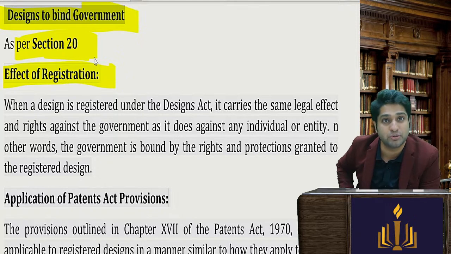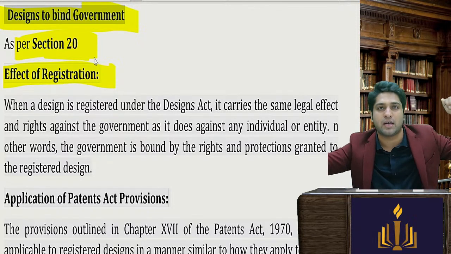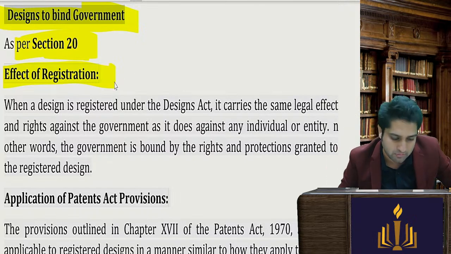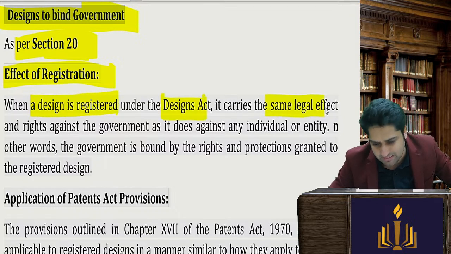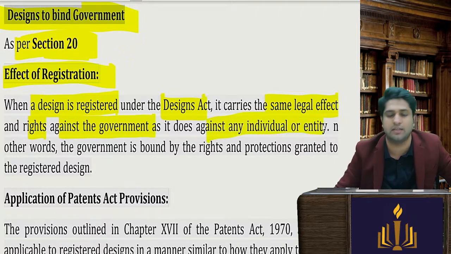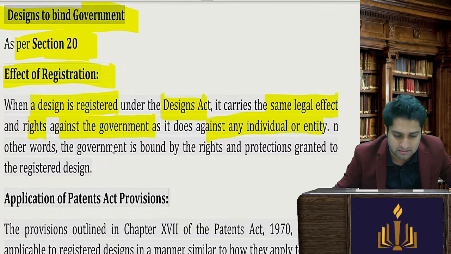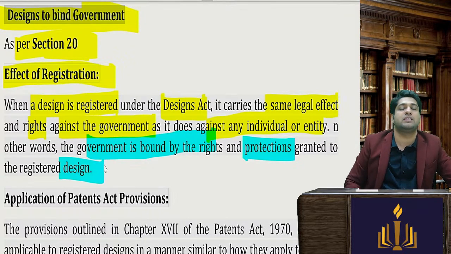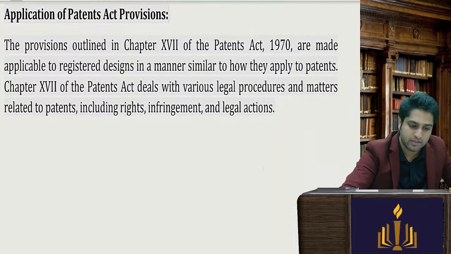So if the government has used your article in some of its ads or on some of its products, you can sue as you would sue any individual. When a design is registered under the Designs Act, it carries the same effect and rights against the government as it would against any other entity. So the government is bound by the rights and protection granted to the registered designer. They cannot disregard a designer.